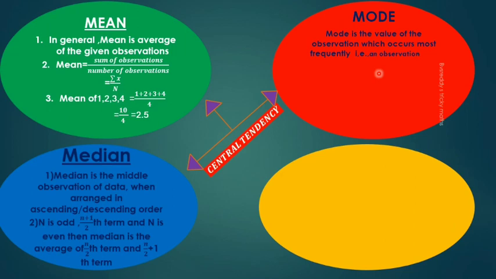Mode can be of two types: no mode if all the numbers occur the same number of times, in that particular situation we say no mode. Otherwise, more than one mode if more than one number is most frequent. So in this way mode can be easily found by our naked eyes.